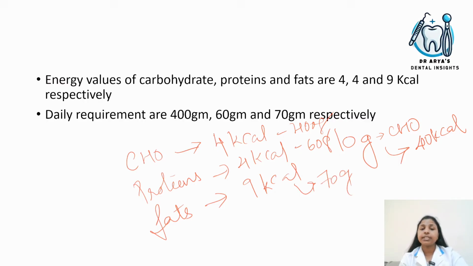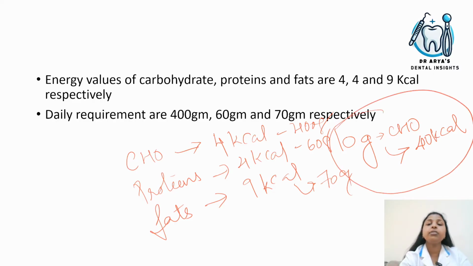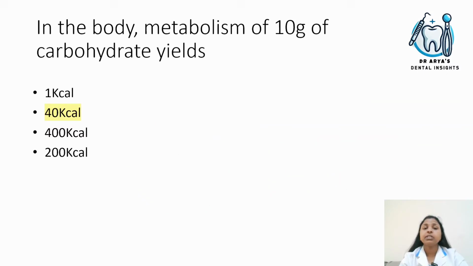So these are the various energy requirements. So 10 gram of carbohydrate yields 40 kilocalories. Clear? So the metabolism of 10 gram of carbohydrate yields 40 kilocalories. Okay.